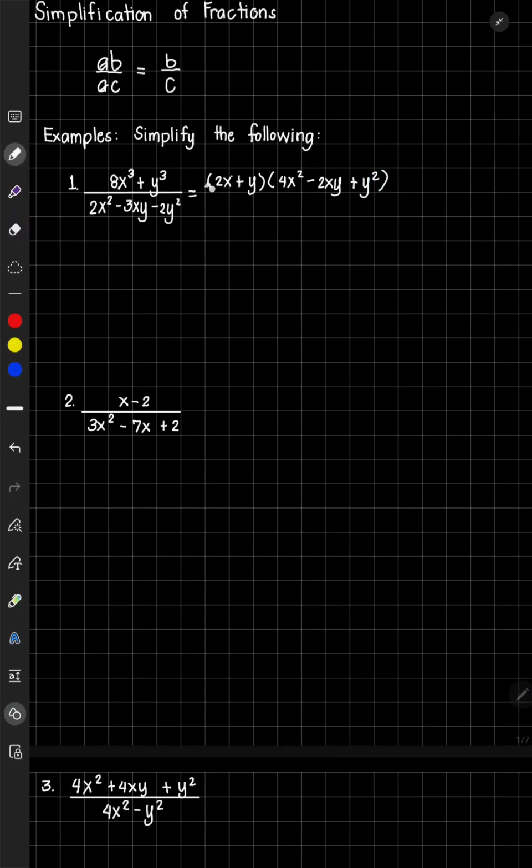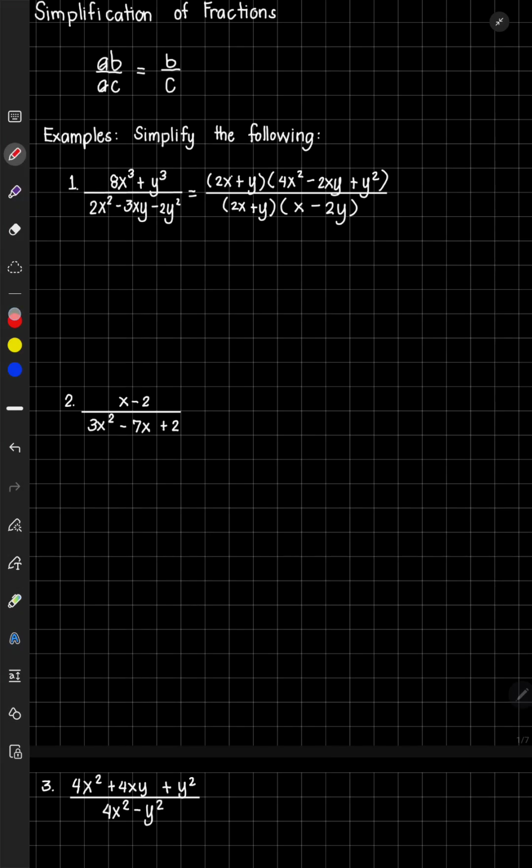While for the denominator, we can also find the factors as 2x plus y multiplied by x minus 2y.